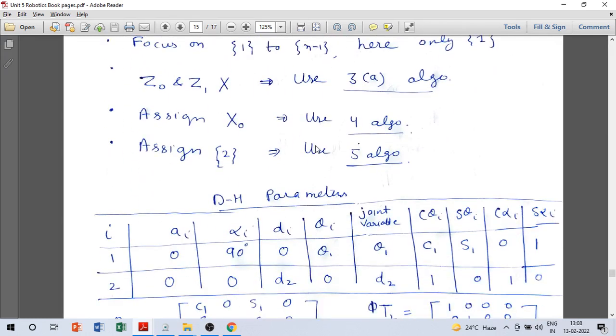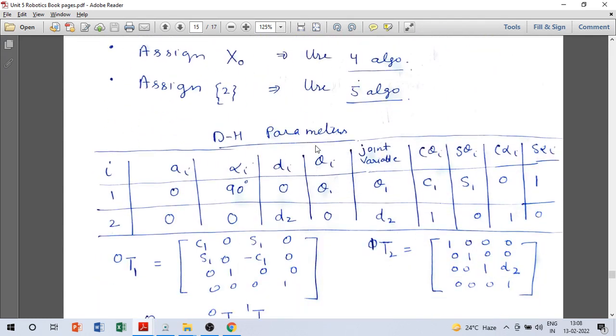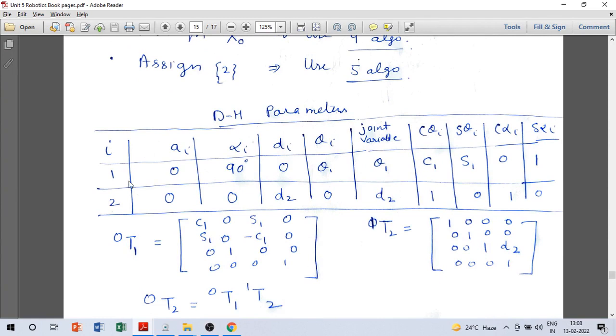Now after that, based on this frame assignment, we have to write DH parameters, and we can do that in the form of a table, as you see here. So we write index i. There is nothing for 0 actually. We have to write for 1 and 2, so link 1 and 2, and we have these parameters a, alpha, d, theta.